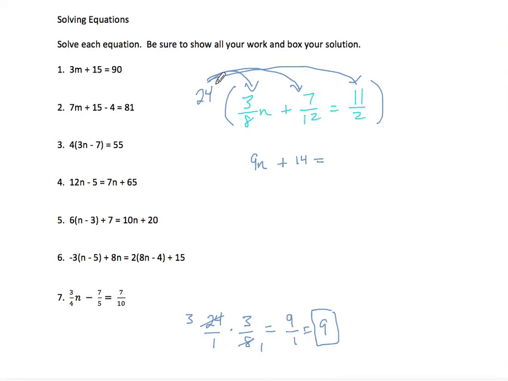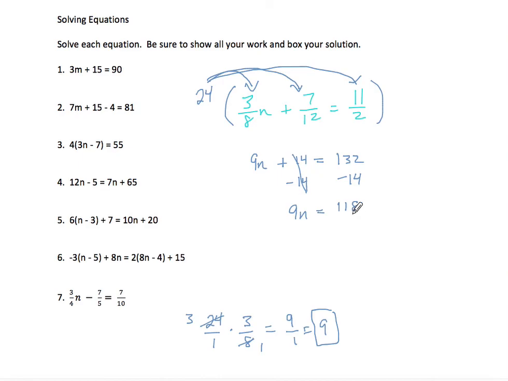So now 2 goes into 24 12 times. 12 times 11 is 132. All right, so now I can solve this. This goes back to number 1. So I subtract 14 from both sides, minus 14. That gives us 9n is equal to 118.